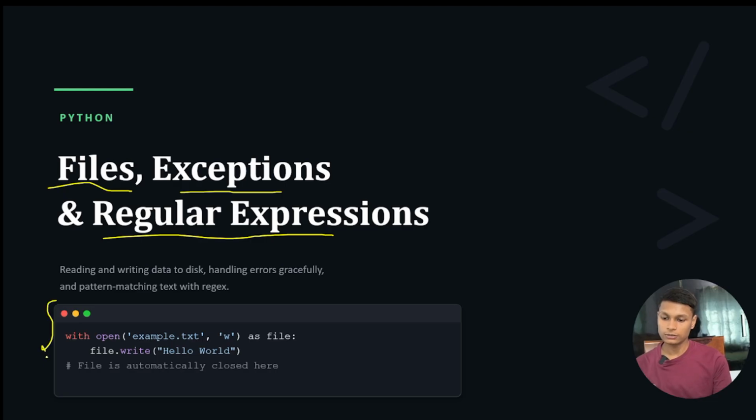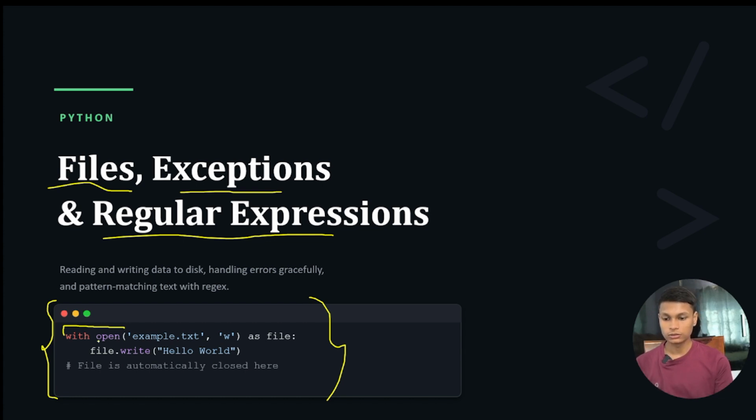So at the very first you can see that a code was written. What does this code denote? This was a code for writing in a file. Okay, so let's see how it is written here. We are writing with open. Open is an inbuilt function in Python.